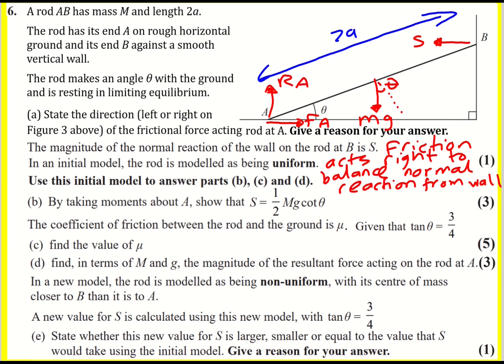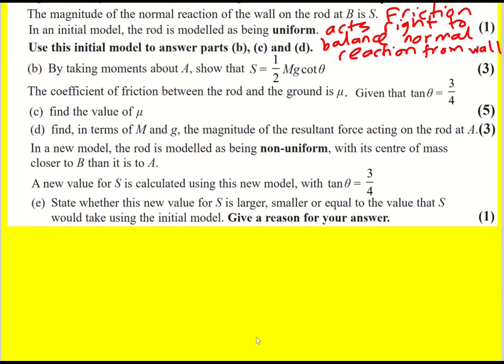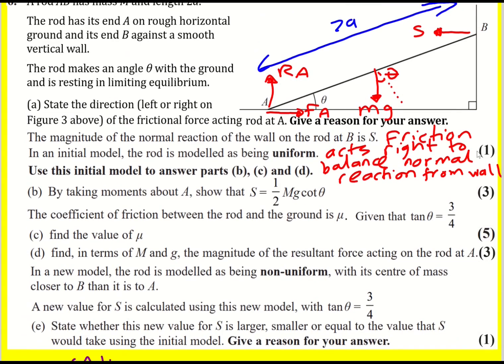By taking moments about A, show that S is a half mg cot theta. Moments about A. Well, there's going to be a clockwise moment from the weight. And remember, because it's uniform, this distance here is going to be a, and so is the distance from here to here.